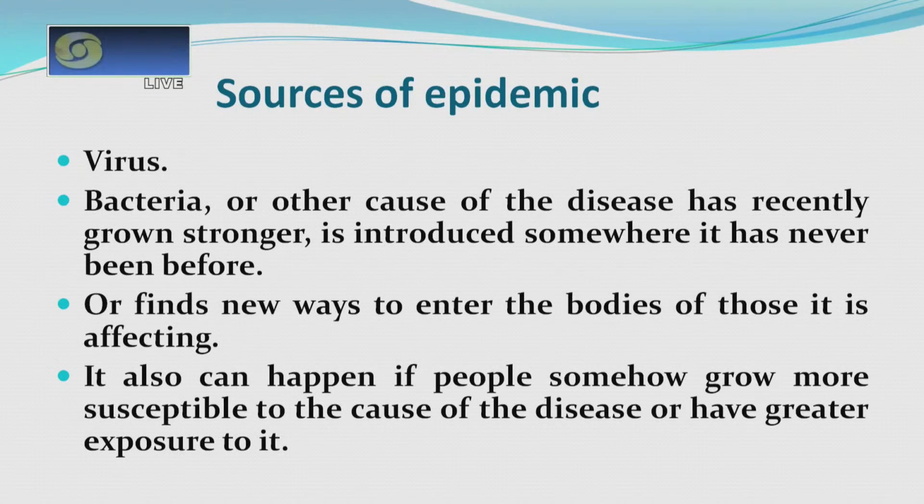So here it is also important to know what causes an epidemic. The agent can be a virus, or a bacteria, or the cause of the disease may have recently grown stronger, or been introduced somewhere it has never been before, as you have seen in the case of COVID-19.